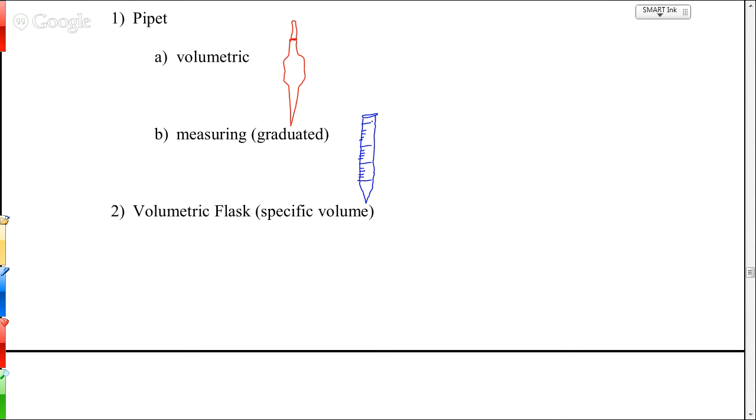So let's say that your calculation calls for 1.8 milliliters of stock solution. Well, there is no 1.8 milliliter volumetric pipette. So you'd use a graduated pipette, and you'd go from, let's say, the 1 to the 2.8 or something like that. So you'd start at one line and go to the next line, and that would dispense an appropriate amount.